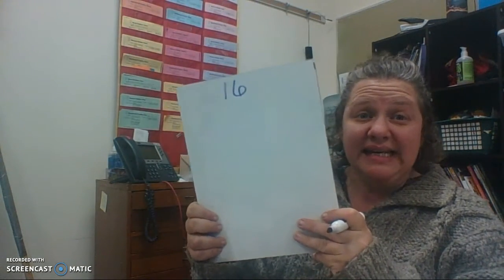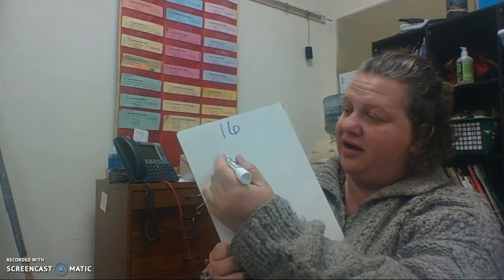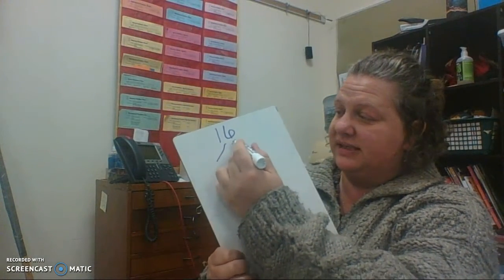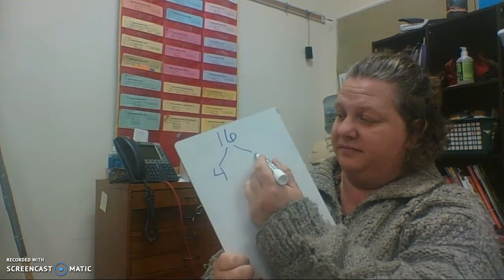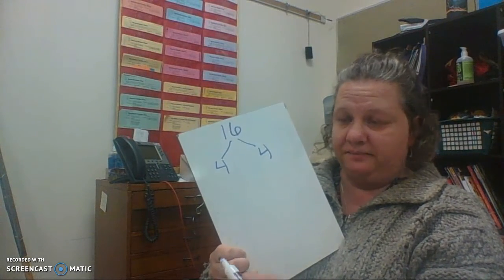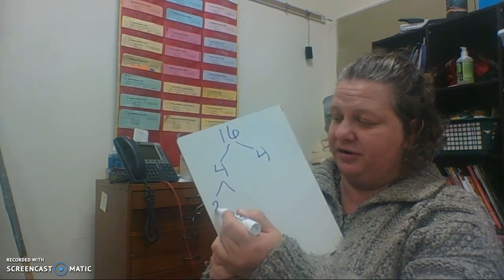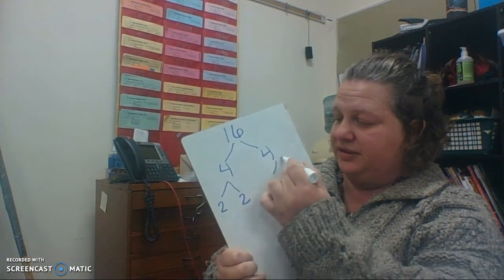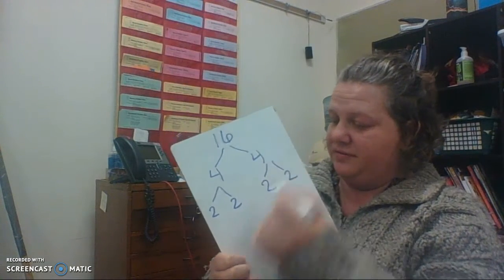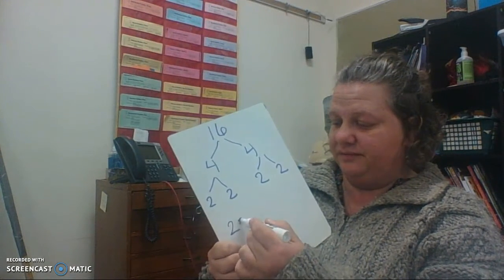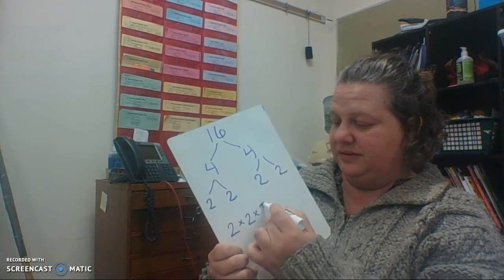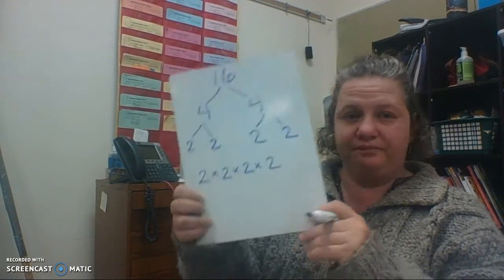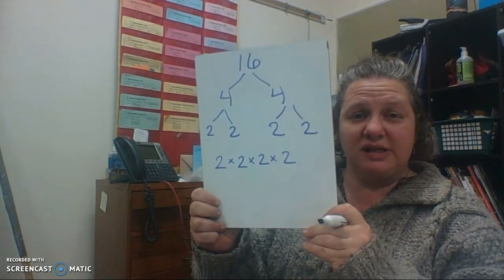Well, 16, we have 4 times 4 is 16. Okay. 2 and 2 can go into 4. 2 and 2 can go into 4. And we have 2 times 2 times 2 times 2. There's your prime factorization of 16.